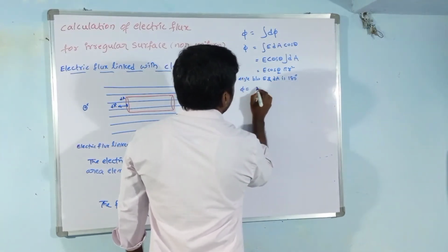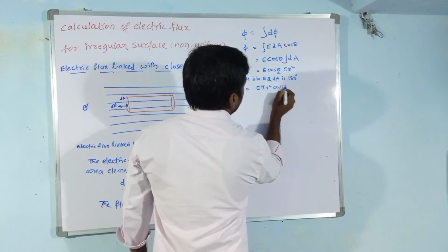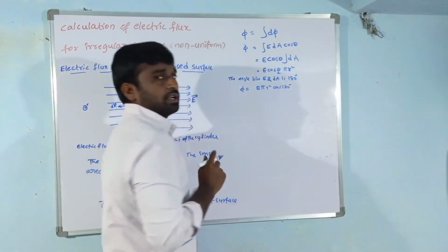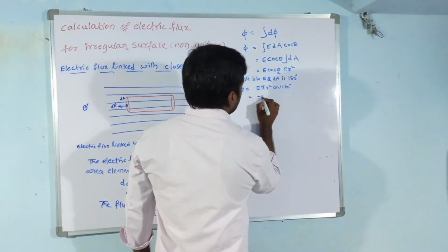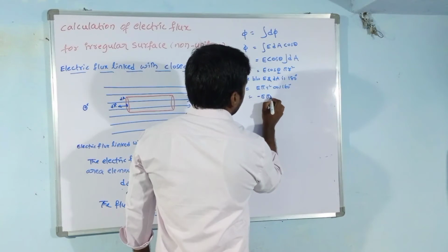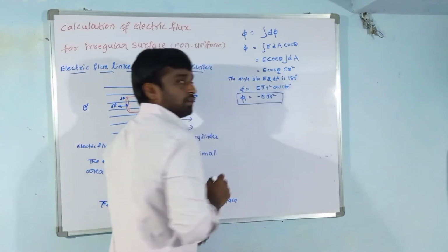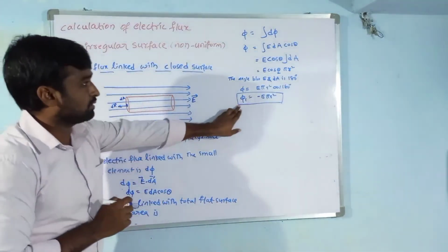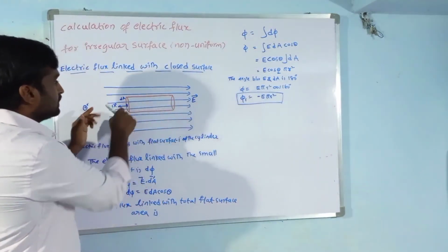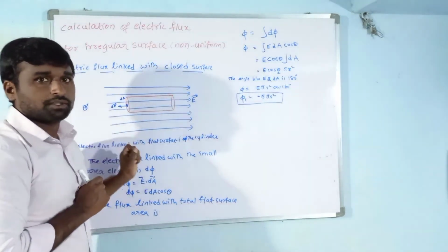So phi is equal to E pi r square cos 180. What is the value of cos 180? That is -1. So minus E pi r square. This is the electric flux linked with the first flat end of the cylinder.